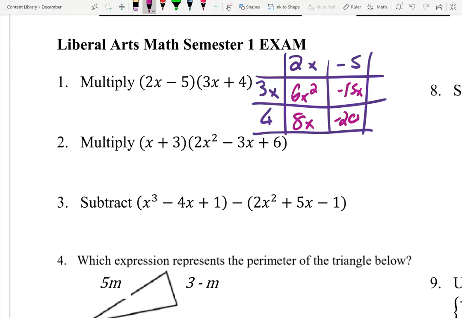So you can get your answer as 6x squared. The x terms you can combine, 8 minus 15 would be -7x, and then a -20 at the end, and have your final answer as that.